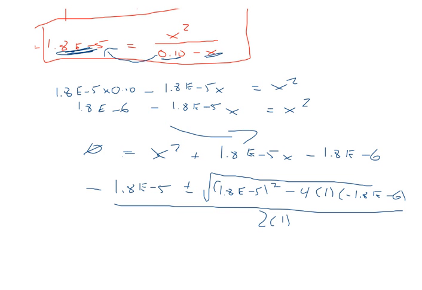1.8 times 10 to the minus 5 plus the square root of 1.8 times 10 to the minus 5 squared minus 4 times 1 times 1.8 times 10 to the minus 6.